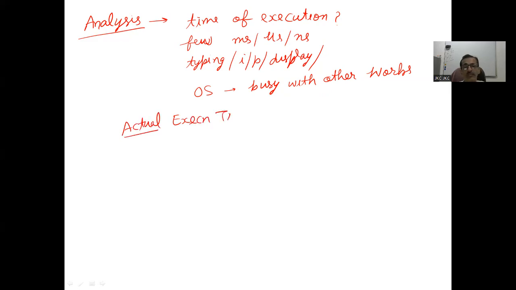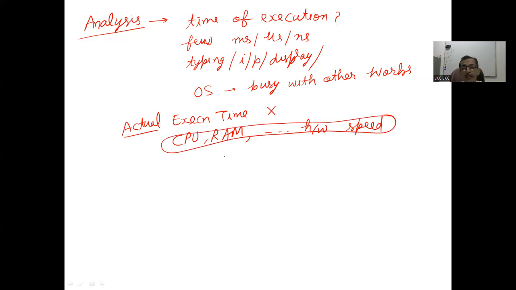We cannot use actual execution time for analysis. Secondly, CPU to CPU, RAM to RAM, hardware and speed will also matter. So all these are computer dependent, PC dependent, and we cannot use these for the analysis. So this doesn't become a good solution.